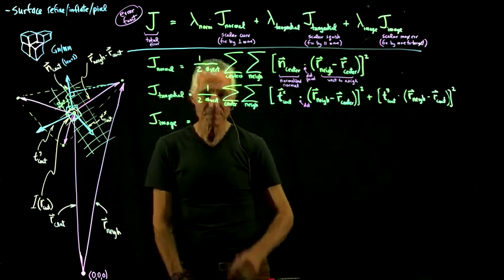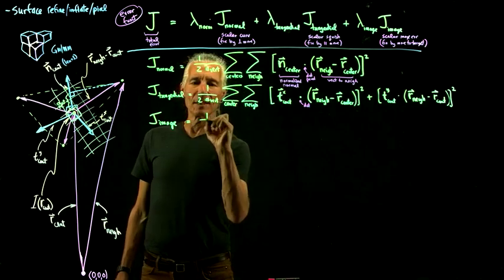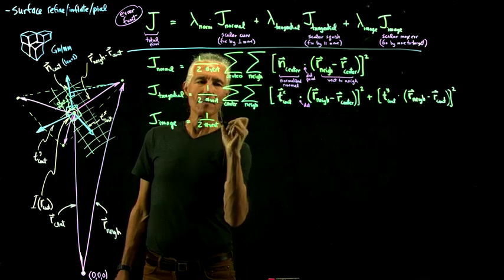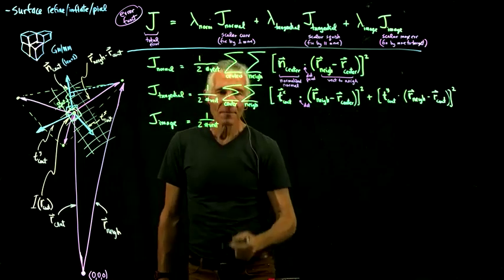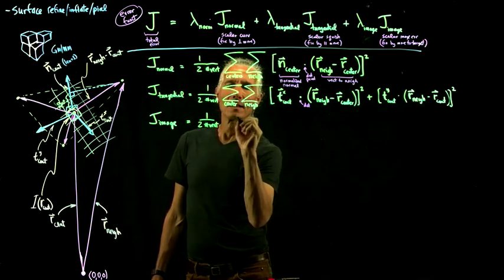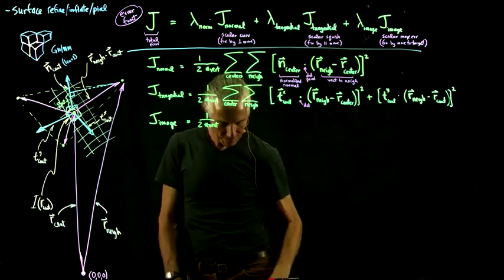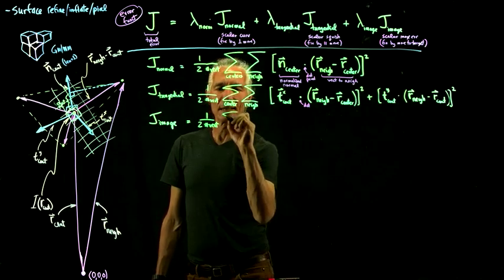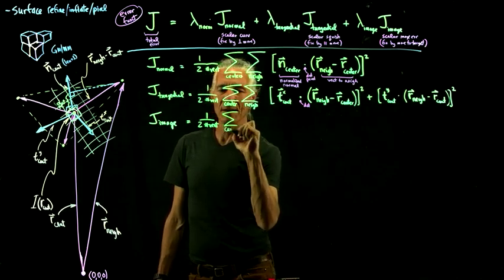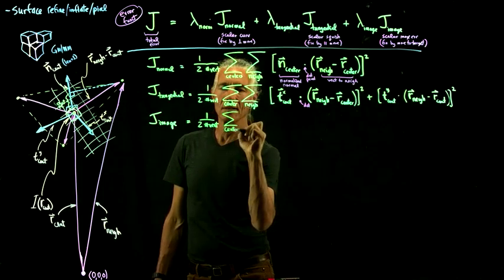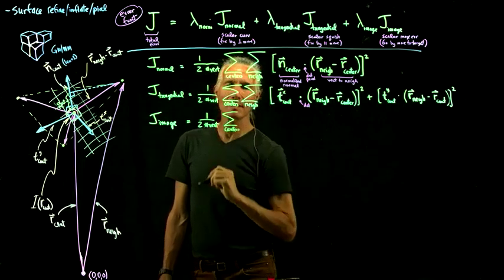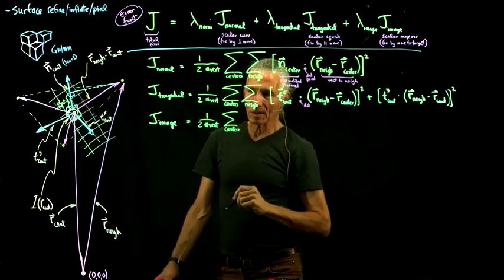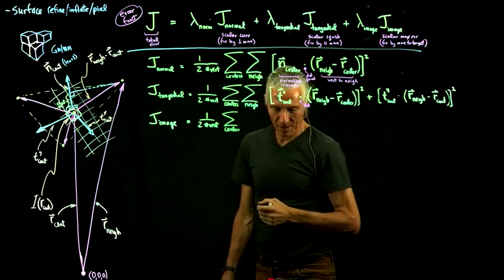And so then what we need to do is define an error for our image. So this one is just over the centers because it doesn't depend on the neighbors. And it's just the difference between what our target is.